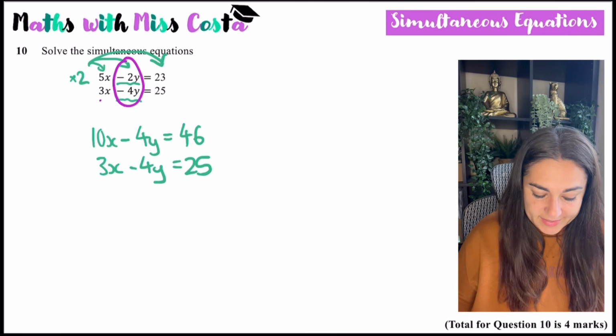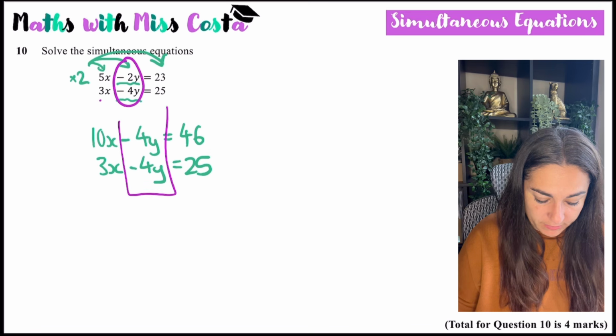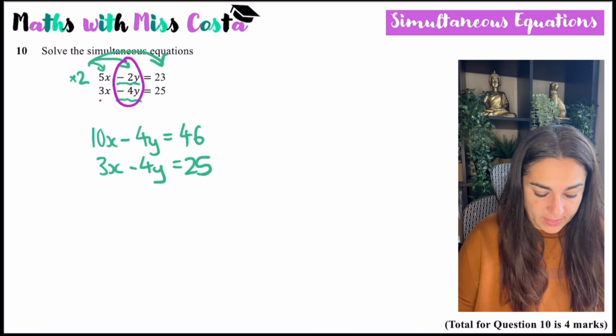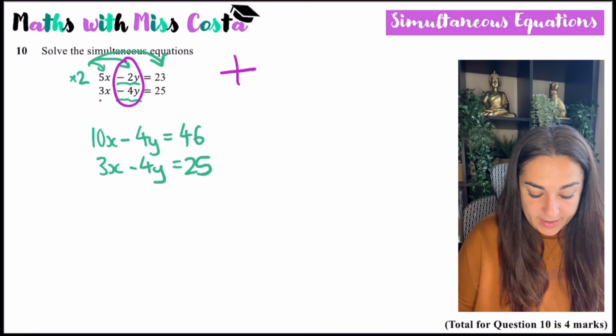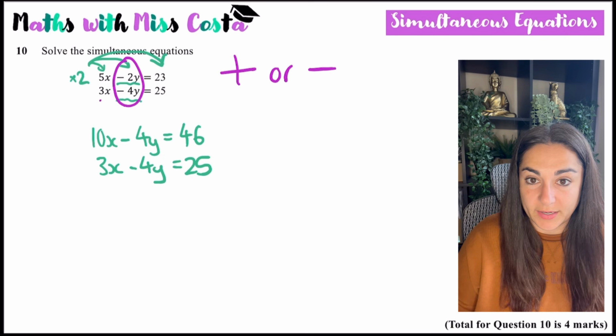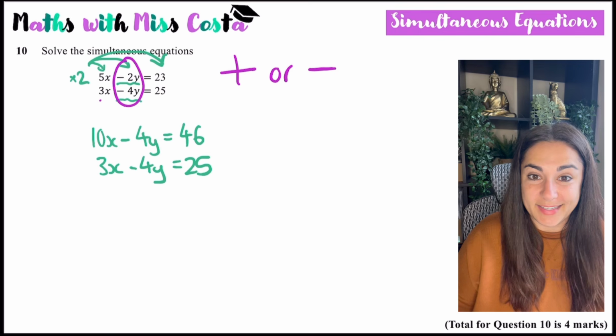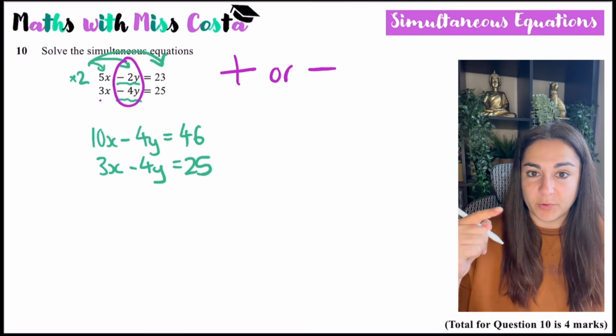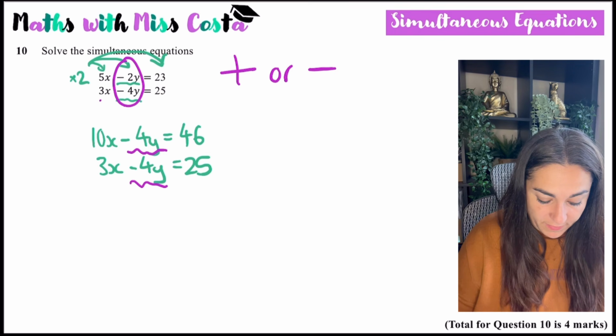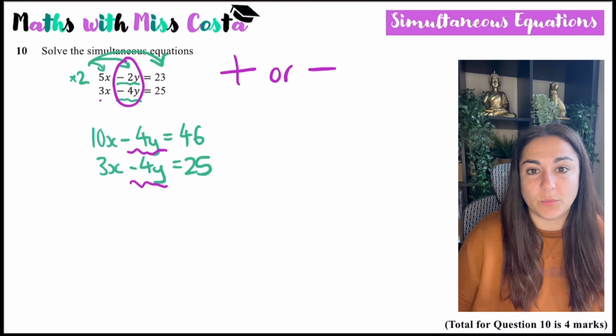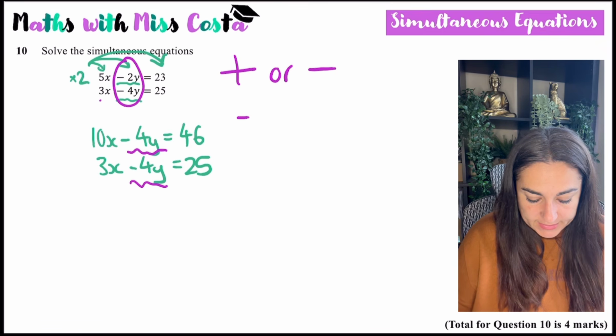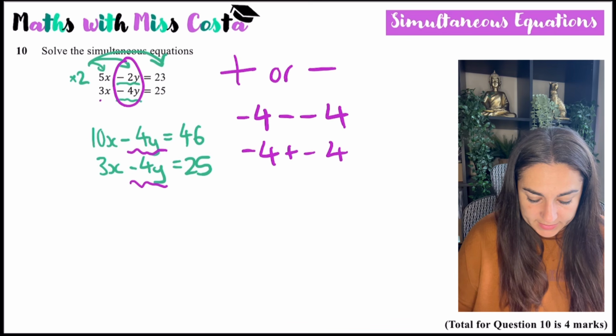So the second step, once I've got my variables having the same coefficient, I need to decide whether I add or subtract the equations. The way I decide this is I want to eliminate the variable that's the same. So I've made my y values the same, therefore I'm going to consider what's happening with the y values. I'm either going to have to do -4 minus -4 or -4 plus -4.